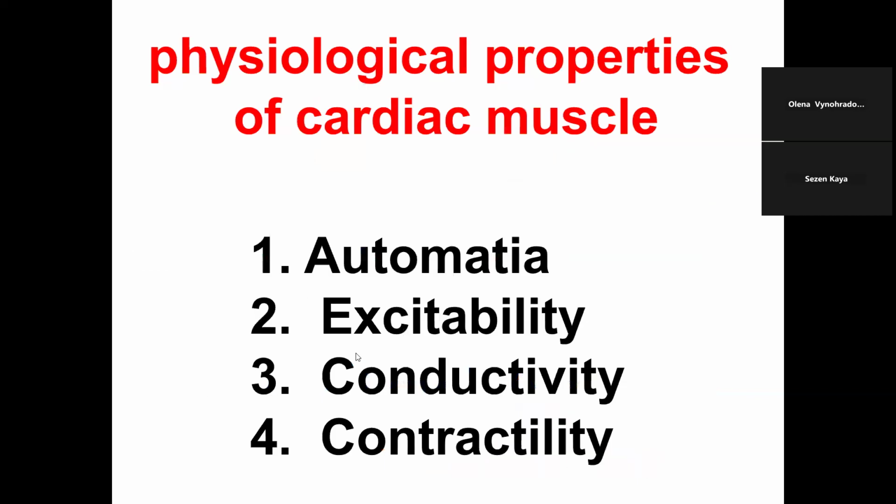If we are talking about the physiological properties of cardiac muscle, we should say that they are generally the same as for every muscle tissue: excitability, conductivity, and contractility. But the first one is special, only for heart muscle. This property is named automaticity.